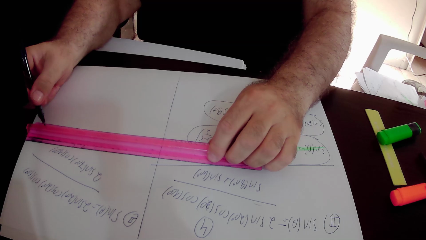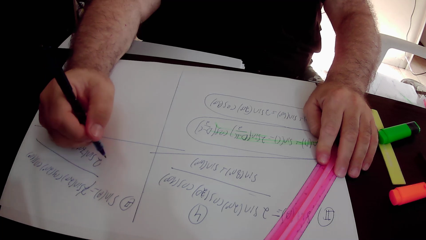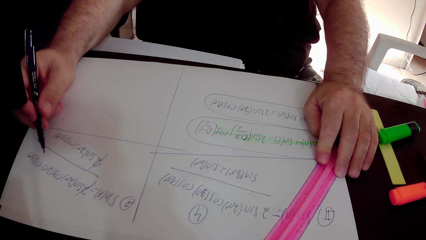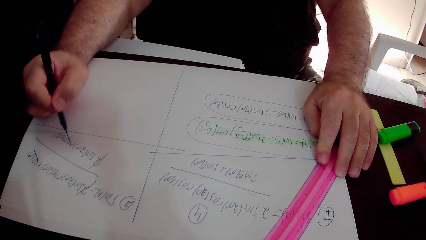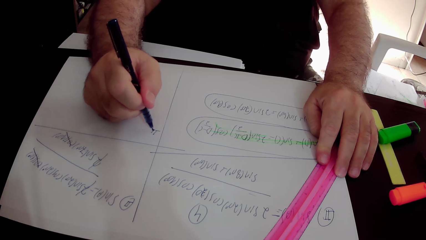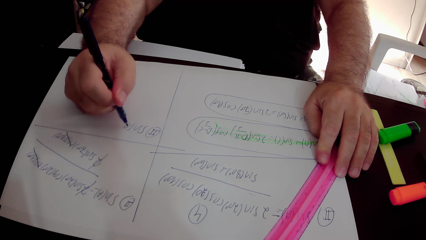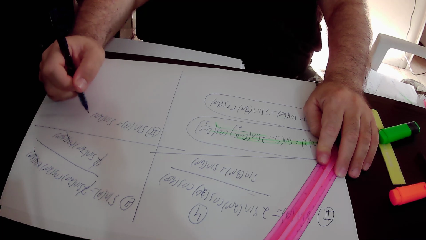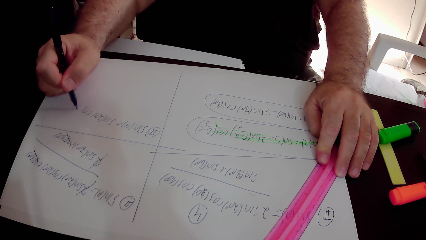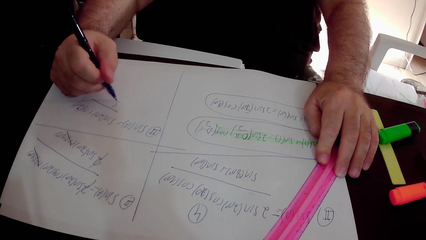Here we have 2 in the numerator and 2 in the denominator, so 2 will get cancelled. We have cosine 10 degrees in the numerator and denominator, so cosine 10 degrees will get cancelled. So what is left from equation number 2 is sine theta equals sine 20 degrees times cosine 20 degrees divided by sine 70 degrees.